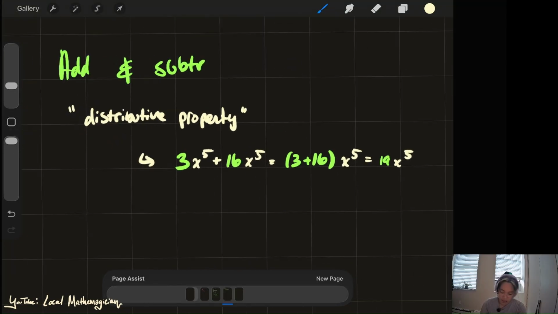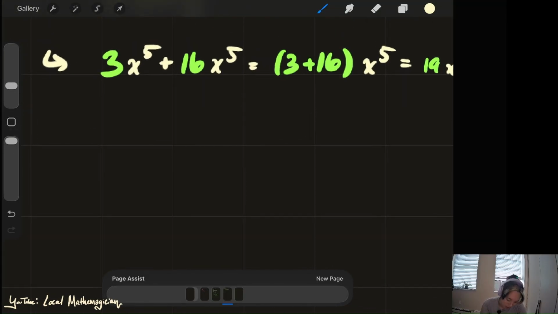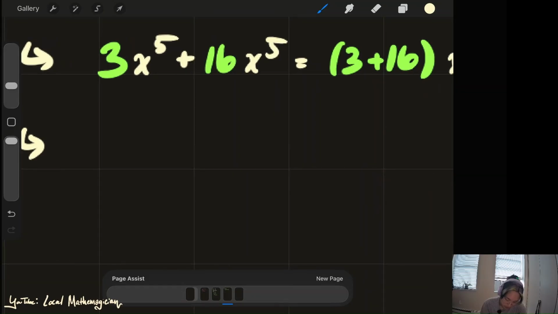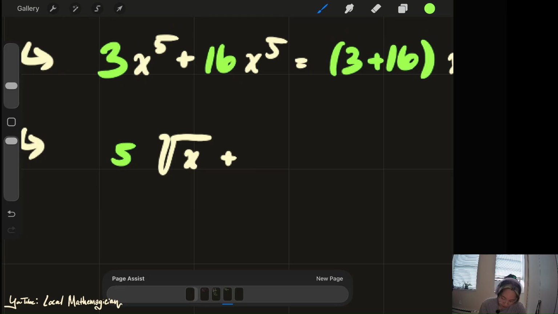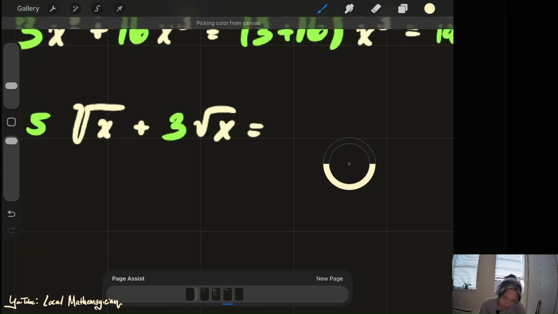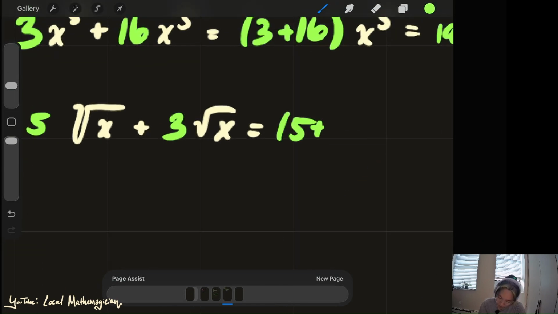In the same exact way you can do this: 5 square root of x plus 3 square root of x is equal to, well, you can factor the root x, 5 plus 3 root x.